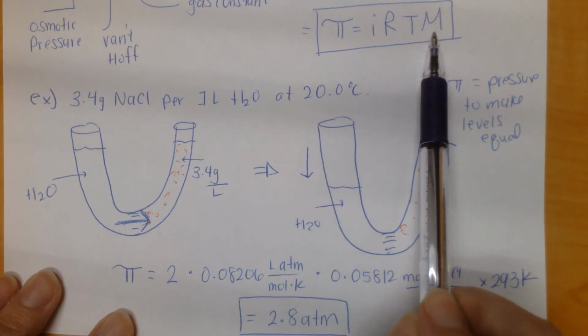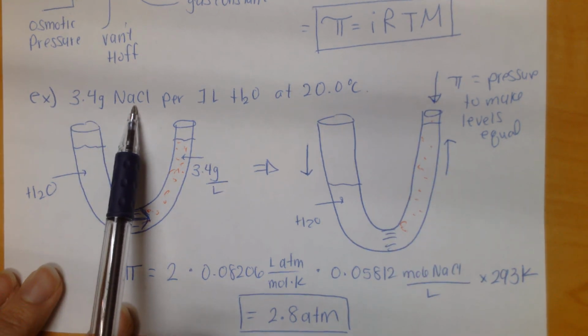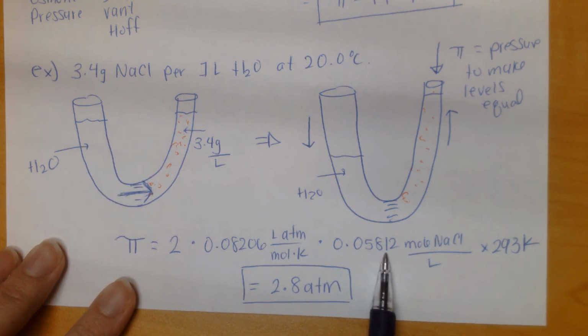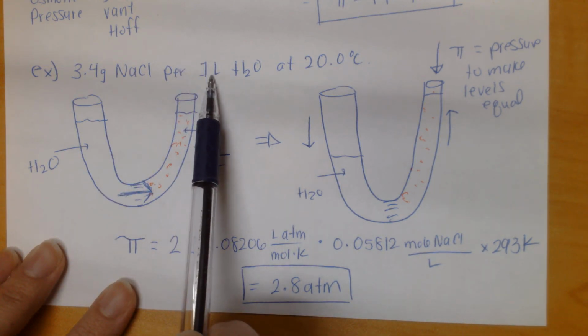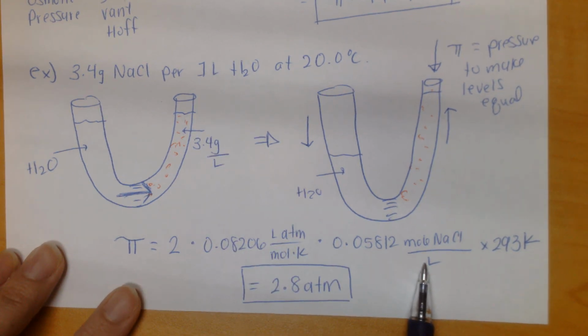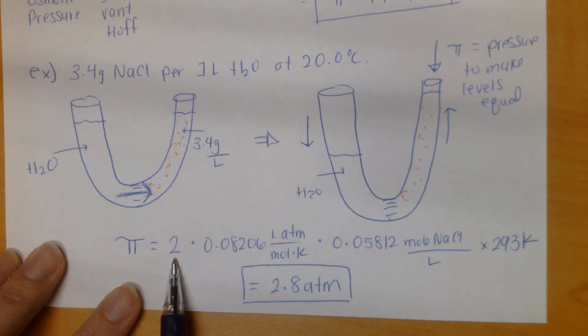And then molarity. 3.4 grams of NaCl, if we divide that by the molar mass, is 0.05812, and that's per 1 liter. That's our molarity, moles of this per 1 liter of water. So 2 times R times molarity times temperature.